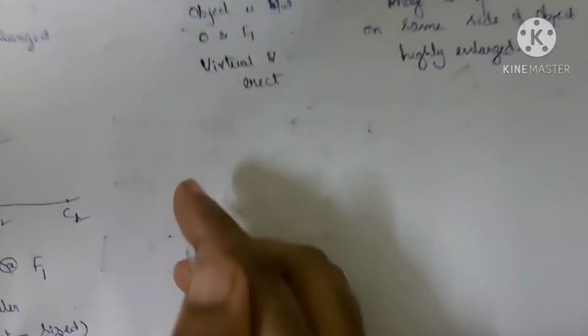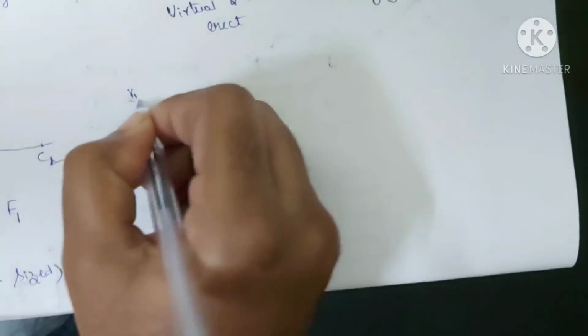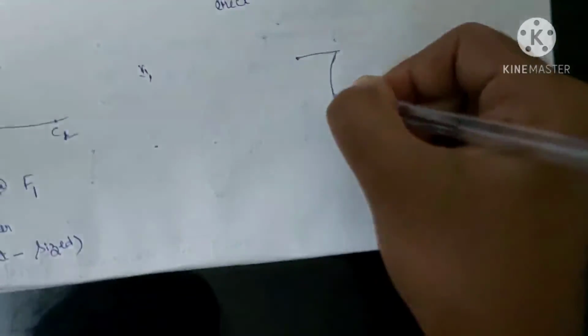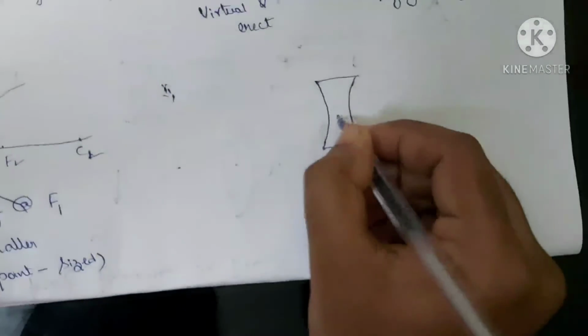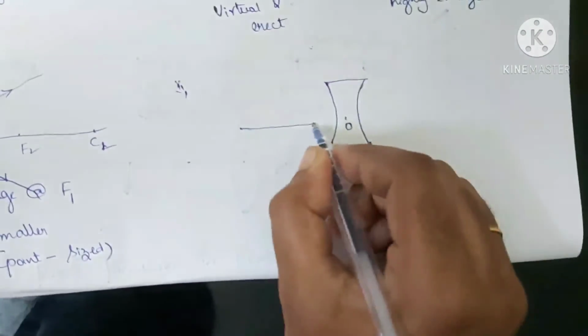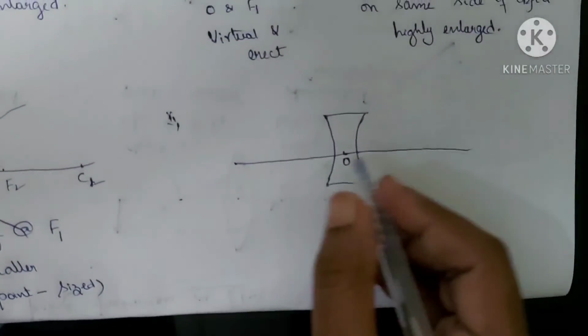Now the second case, case 2. Again I'm drawing my concave lens, optical center, principal axis.